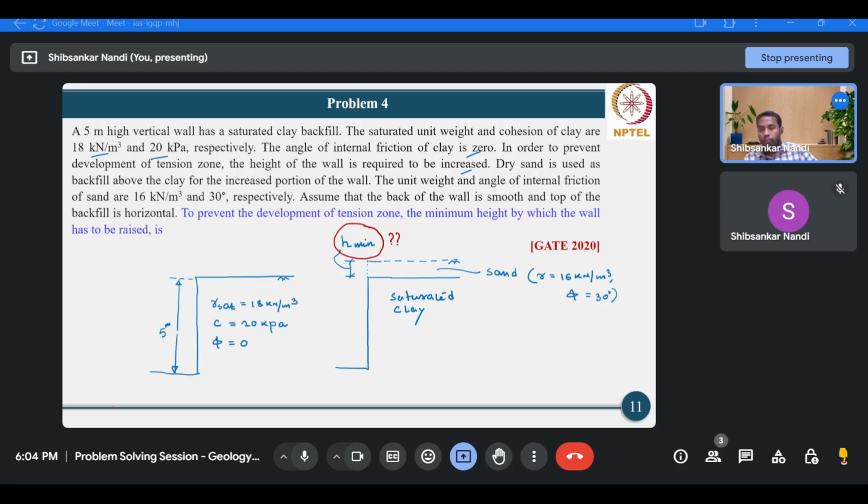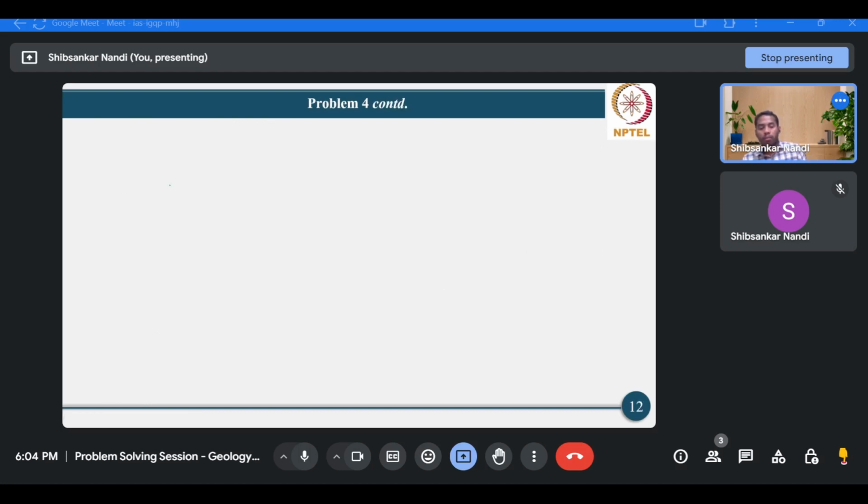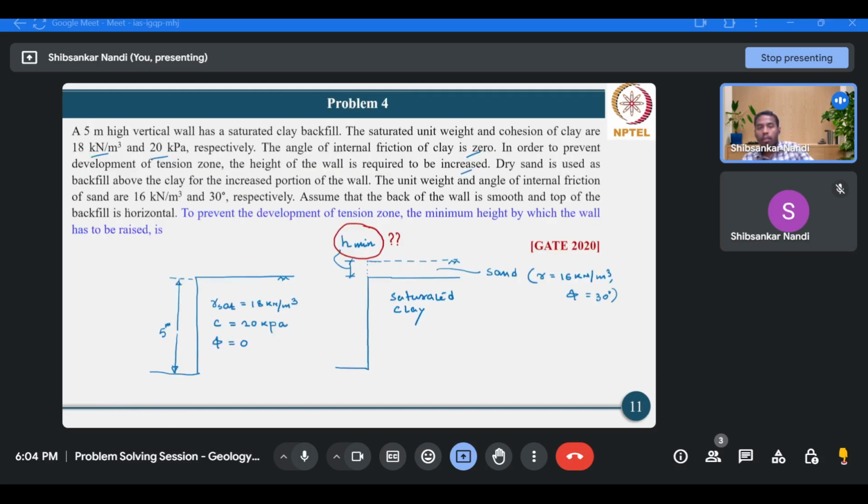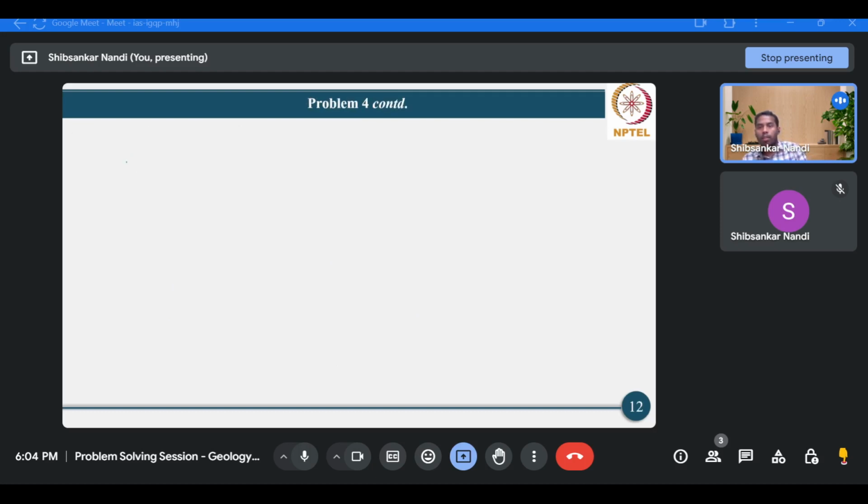So we'll first convert this problem to an equivalent problem. This is your 5 meter.